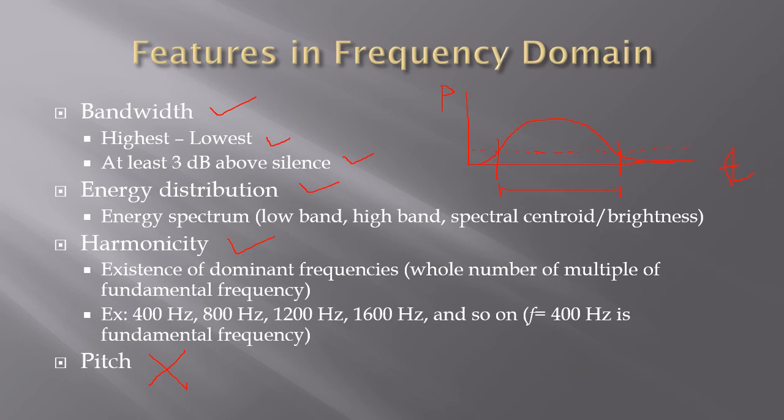Now the second one is the energy distribution. We could use the full spectrum, that is all the numbers on this spectrum, or we could also use only the lower band, higher band, or spectral centroid, which is sometimes called the brightness of the voice.